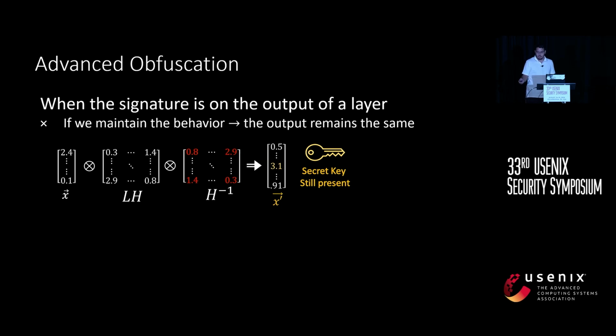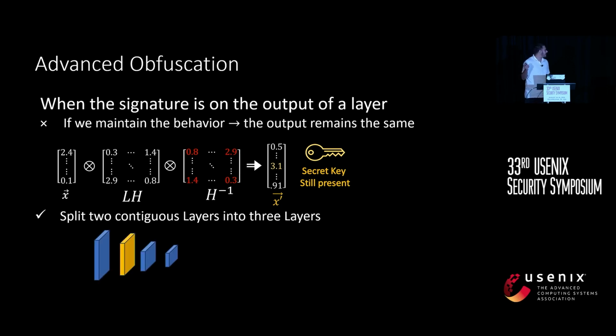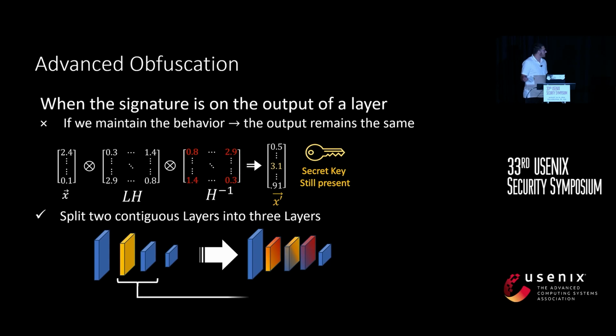We will have a little drop in accuracy, but we can split contiguous layers into three layers. So we will have again this watermarked layer and a non-watermarked layer, or again a watermarked layer, and those two will have been split into three. That again maintains similar behavior to the original one, because again it's only matrix multiplication.